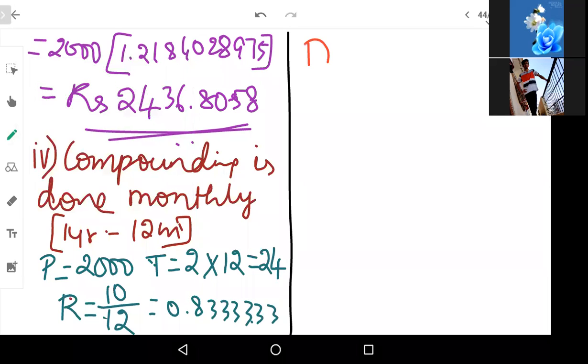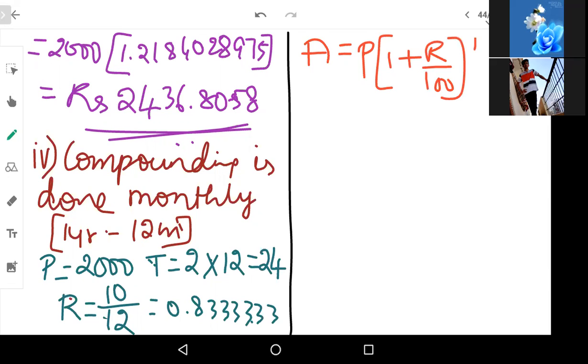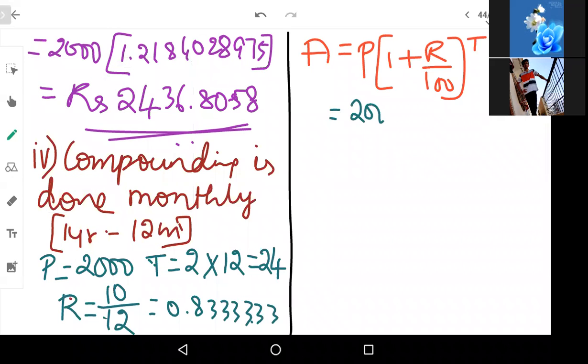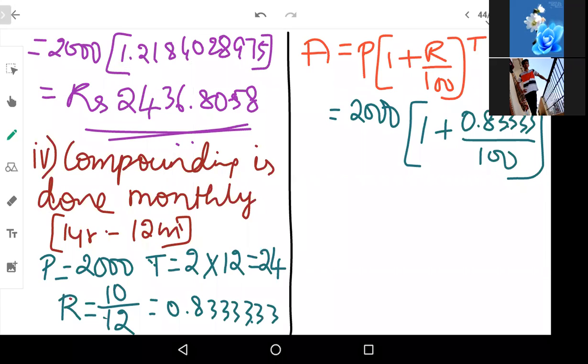So let us find out the amount. Principal into 1 plus r by 100 to the power t. So principal is 2000 into 1 plus r is 0.83333 divided by 100 to the power 24.